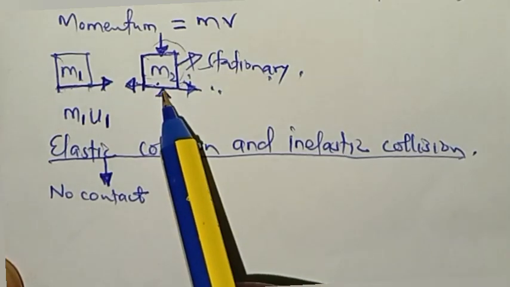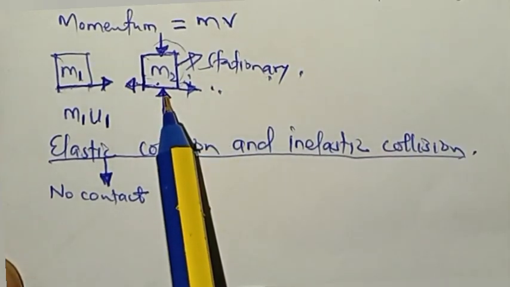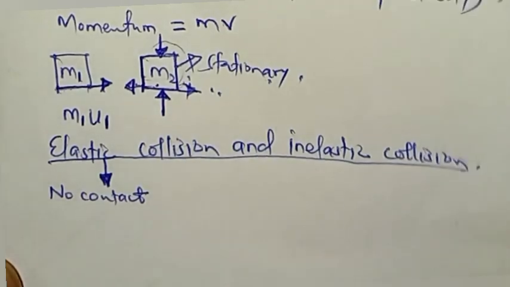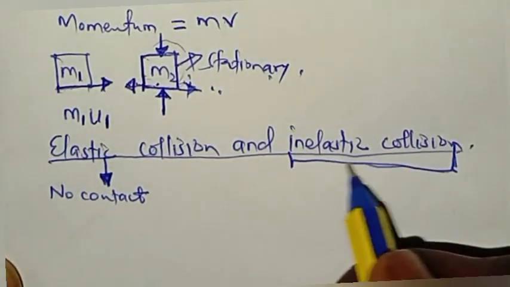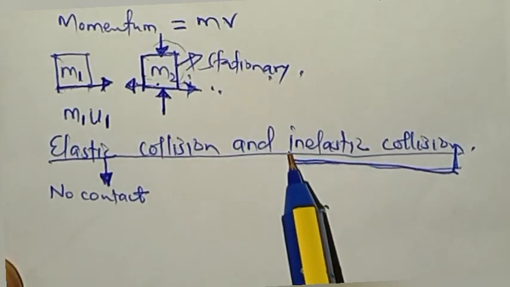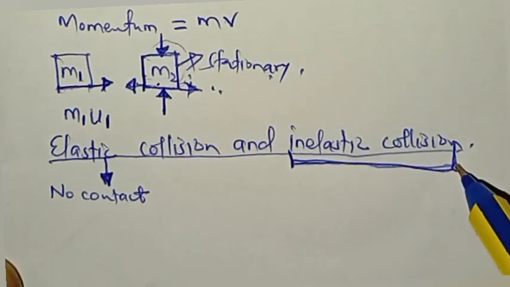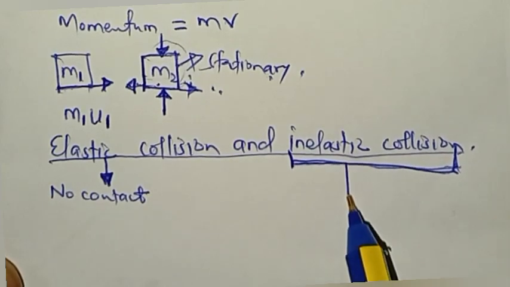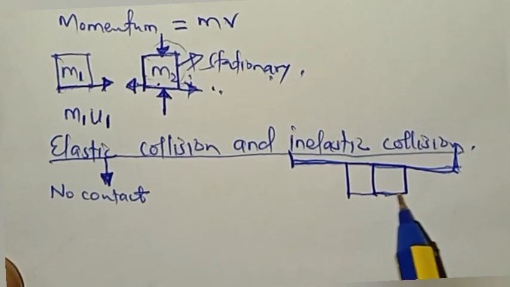Both bodies may either stop on their own or move on their own. But whatever I want you to understand is that after the bodies collide, they will be in contact and they will assume a common velocity.